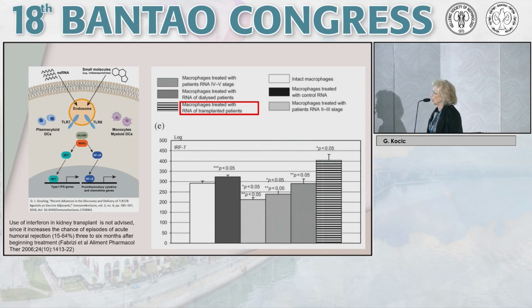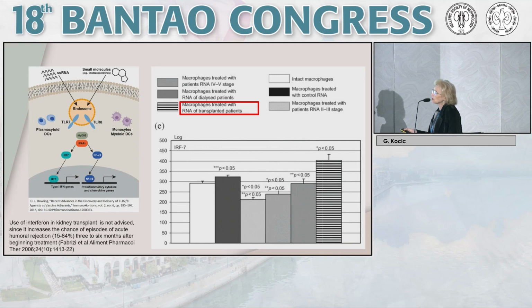Since we know that IRF7 is capable of inducing secretion of interferons, we can hypothesize that it can be the reason why patients with chronic renal failure are more susceptible to viral infections. They have no activation of IRF7, but we receive a strong increase in transplanted patients.